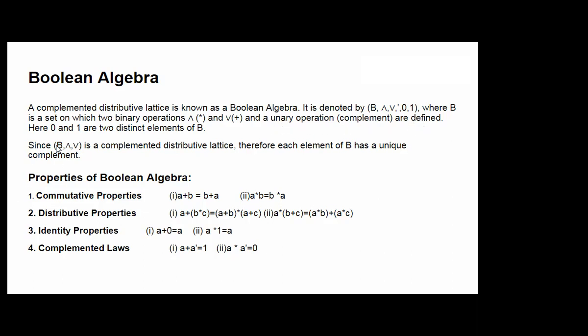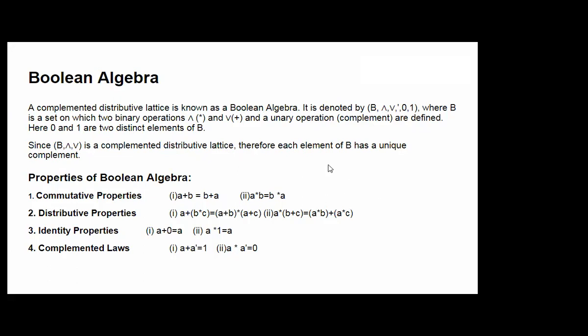Are defined. Here 0 and 1 are two distinct elements of B. B is what? It is the Boolean algebra. Since B is a complemented distributive lattice, therefore each element of B has a unique complement.